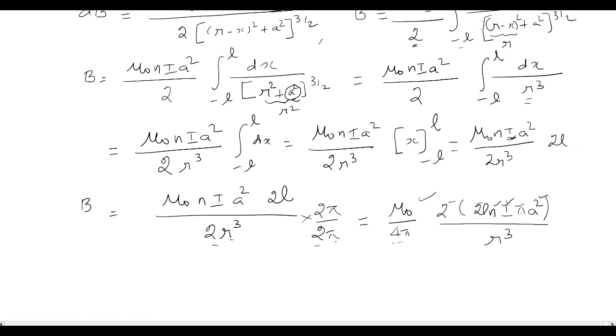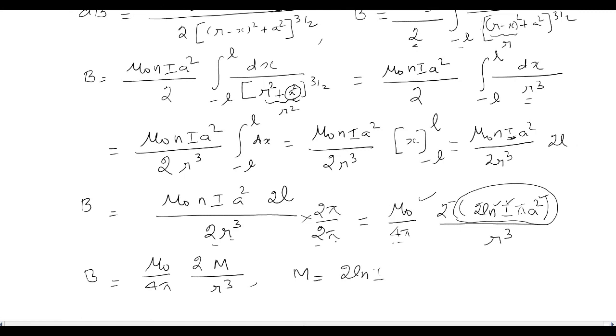So everything is written, but just a small rearrangement for some purpose. We can write this as B is equal to mu naught by 4 pi into 2 into capital M by r cube, where capital M are the things which are there inside this bracket, which is 2l n I pi a square.